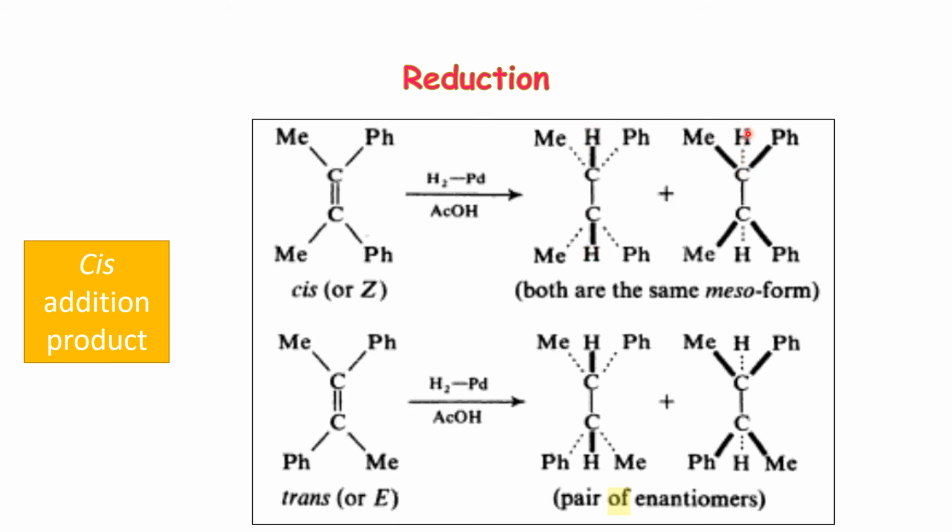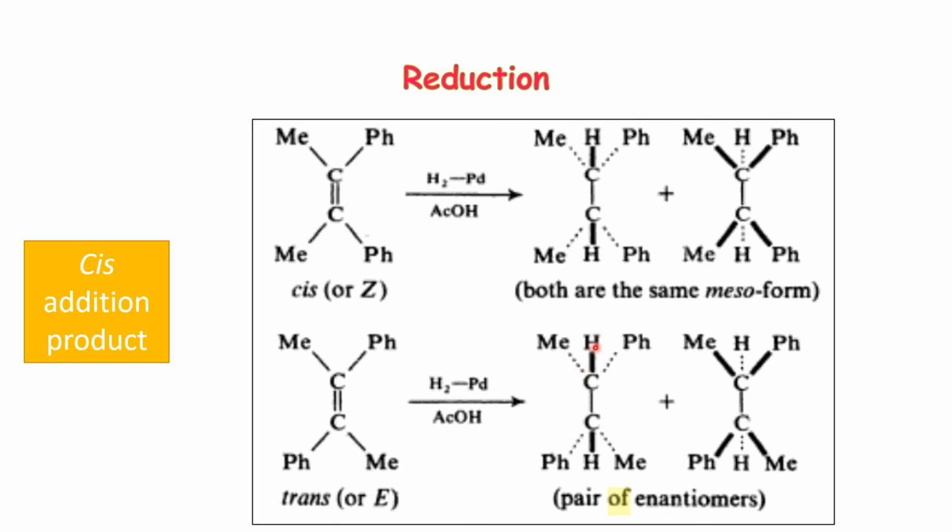or they will both approach behind the plane. So if you carefully see, if I draw a line or plane over here, this upper half is matching with the lower half. Even for this side. So cis isomer actually gives meso products. But if you see trans isomer, again it is a cis addition.